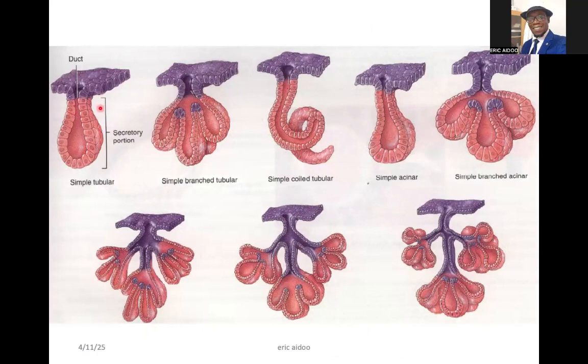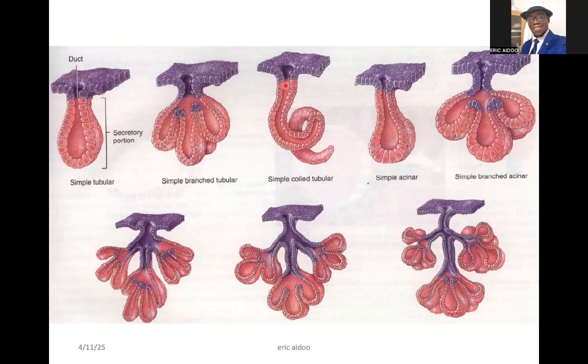So again, this is just to emphasize all that I've said. That is the duct, that is the secretory portion. So this is simple tubular, this is simple branched tubular. Simple branched because the secretory portion is branching. If it is simple, we always have an unbranched duct. If it is compound, then that is when it is branched. So this is simple branched tubular, simple because the duct is not branched, but the branching is due to these multiple branches that are coming off as tubes.